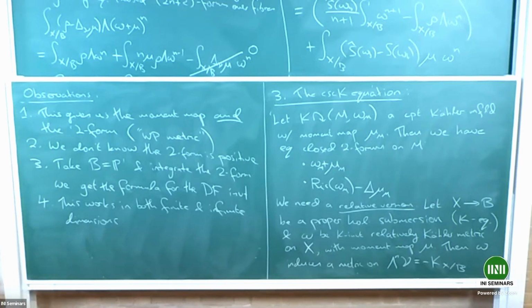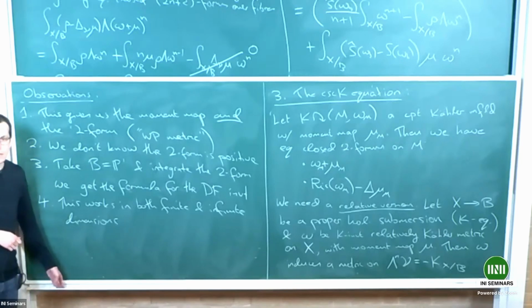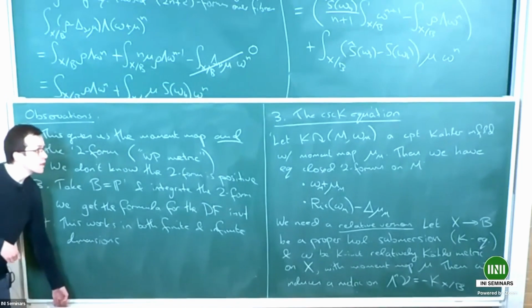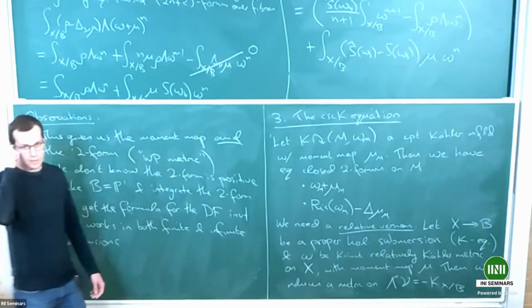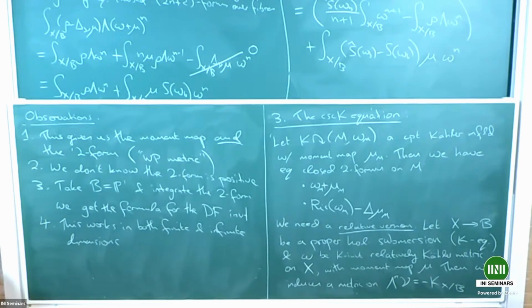Exactly, yes. So that's one example you can recover using this, the Donaldson-Fujiki moment map picture, if you take your base to be the space of almost complex structures. Yes, the remaining part looks like the product, right? So what do you mean by integrating on P1?